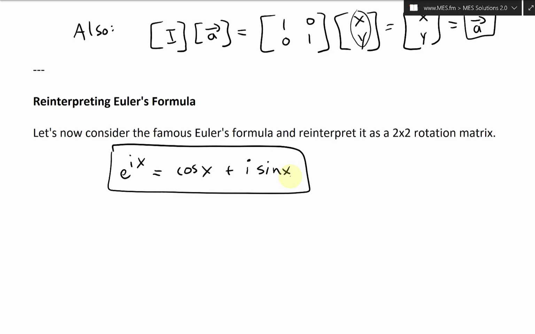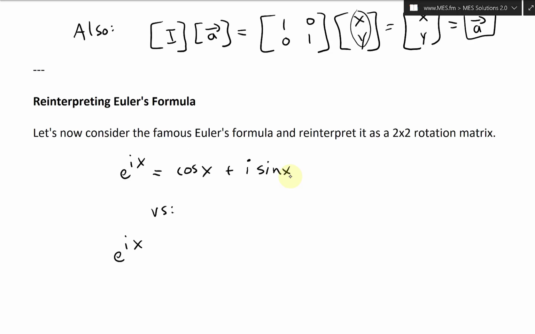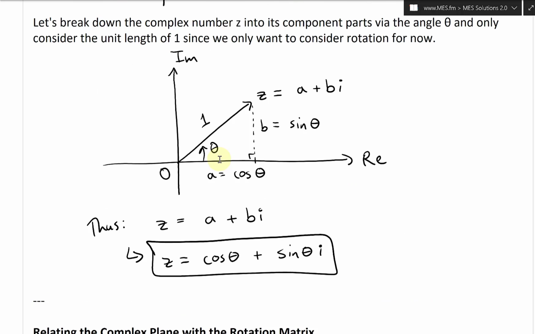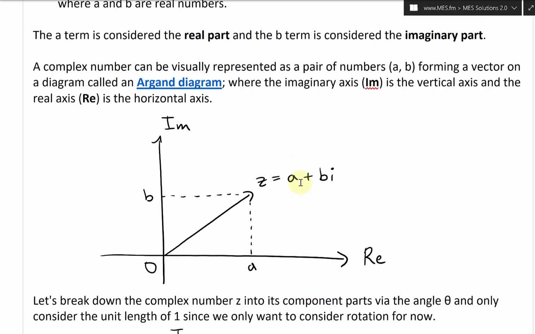Now let's write it in a different format. e to the ix equals, in 2x2 matrix format, cosine x, and then there's i sine x, which is the imaginary component. This is the complex number, the real part and the imaginary part, like z equals a plus bi.